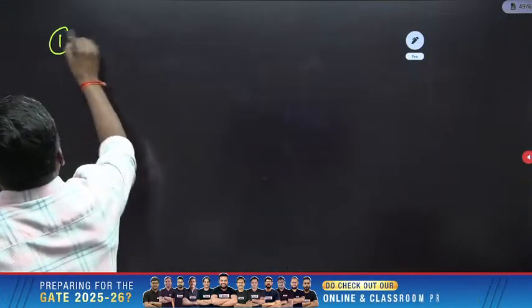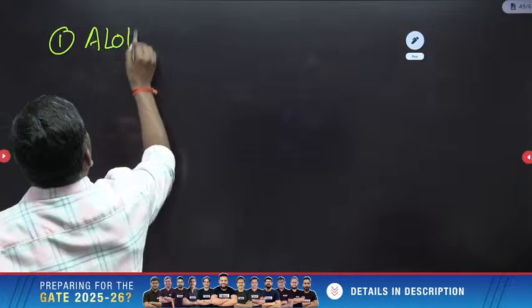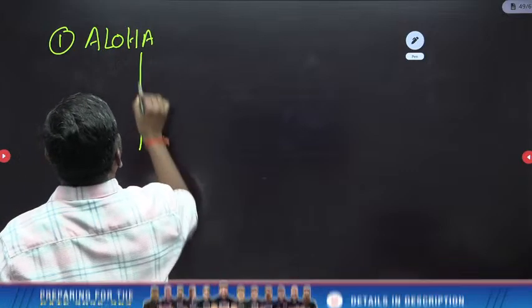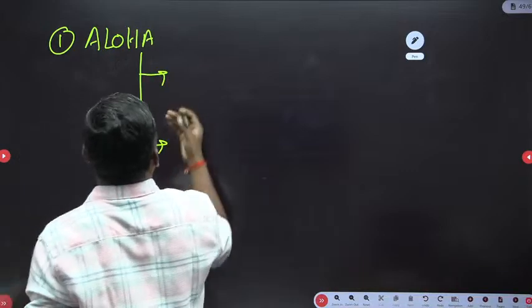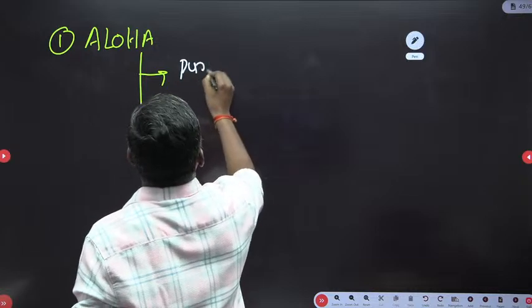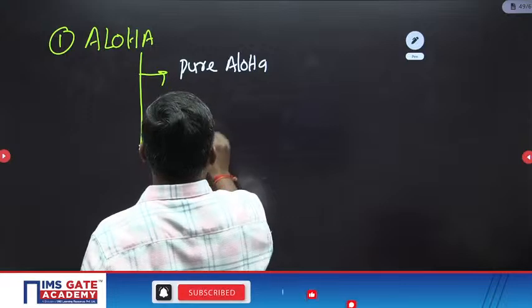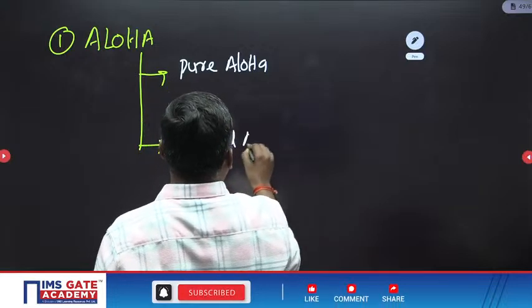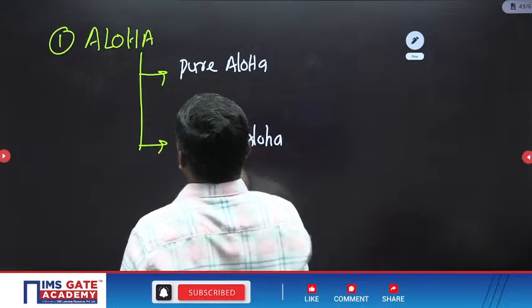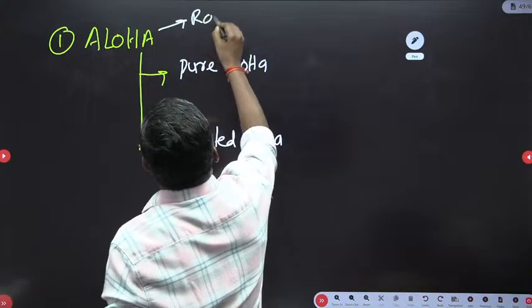Some points, please understand. If I talk about Aloha, please understand, Aloha comes in two flavors, correct or not? One is pure Aloha. The second is what? Slotted Aloha. It is a purely random access protocol.